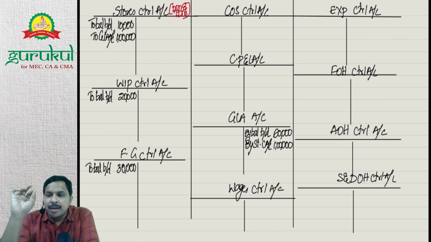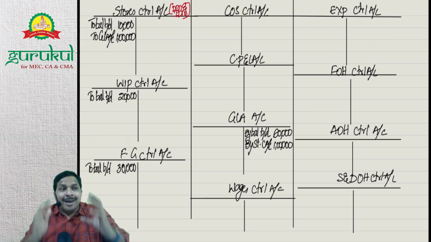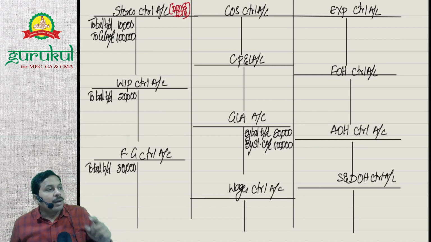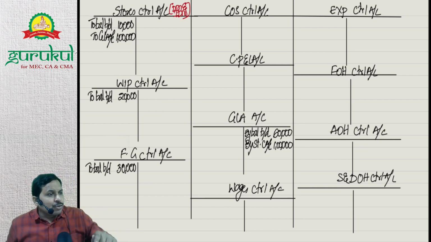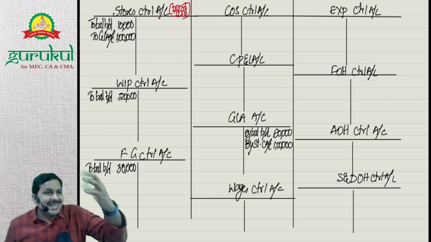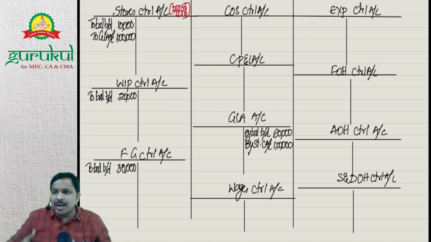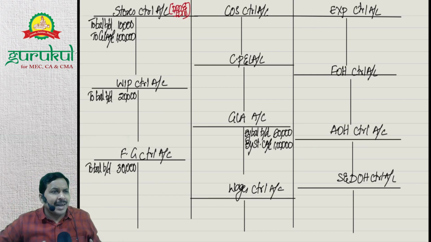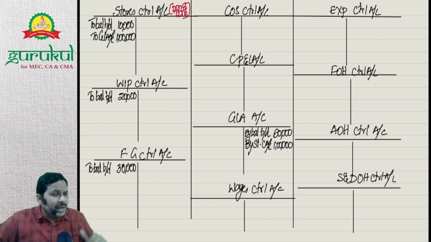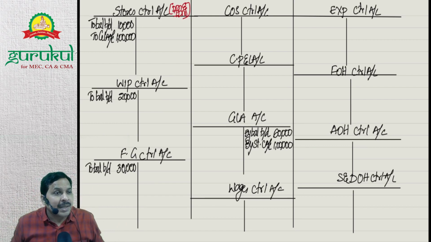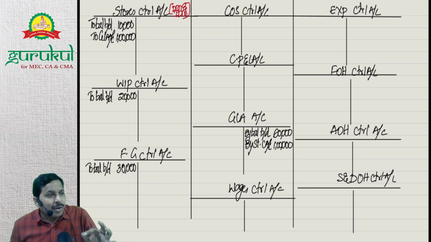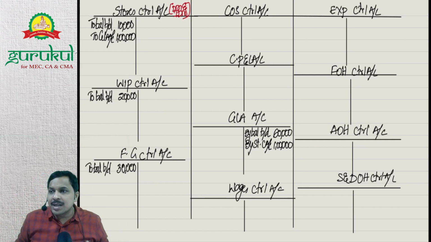Okay. So now tell me, when we issue into production, raw material becomes what? Work in progress. So raw material issued for production means from stores it is getting out and it is getting converted into work in progress in the production department. So from stores, it should reach work in progress. Now the entry will be work in progress control account debit to stores control account.